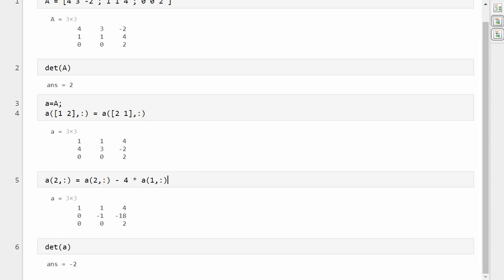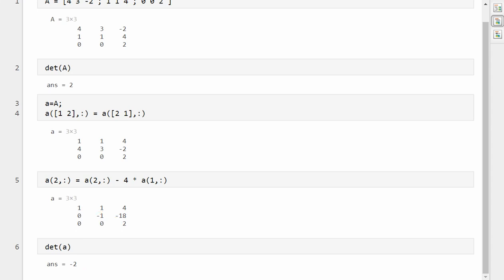All right, and notice that that didn't change the determinant of little a, right? So doing one of these row replacements doesn't change the value of the determinant at all. And now notice what we have. We have a triangular matrix, so to get its determinant, I can multiply all the values on the main diagonal.